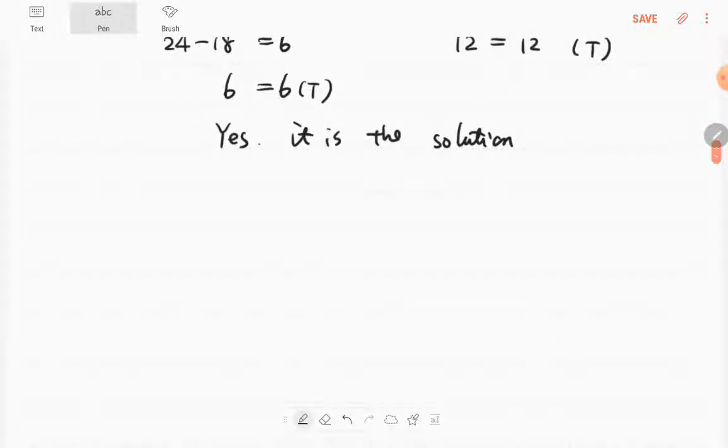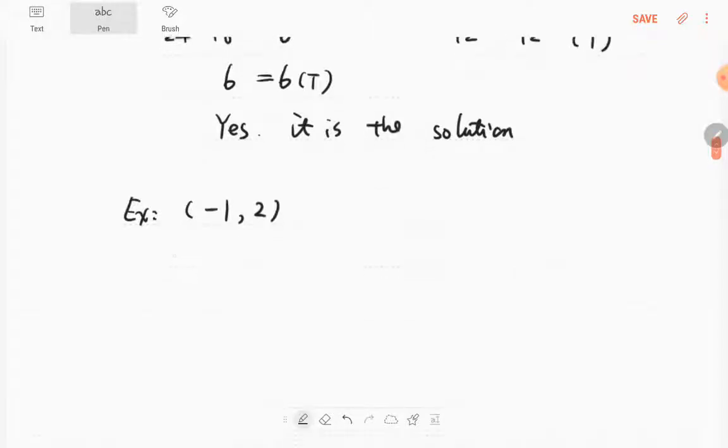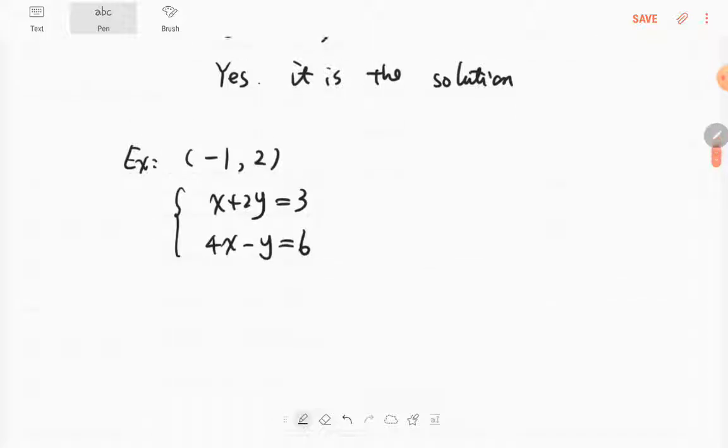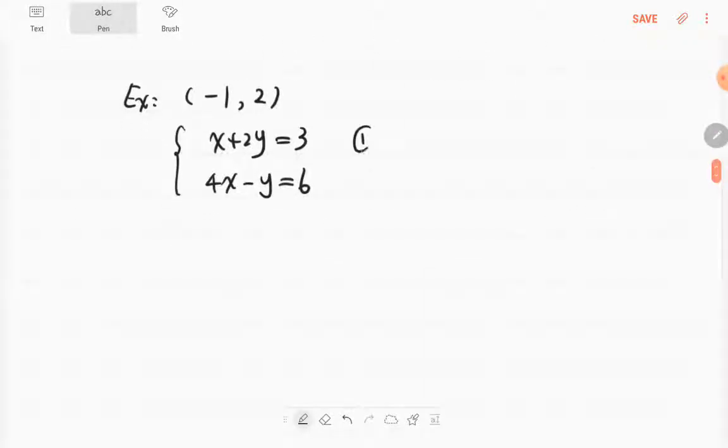So we can see another example. This time we have this ordered pair, and we have this system, two equations. So let's test the first equation.